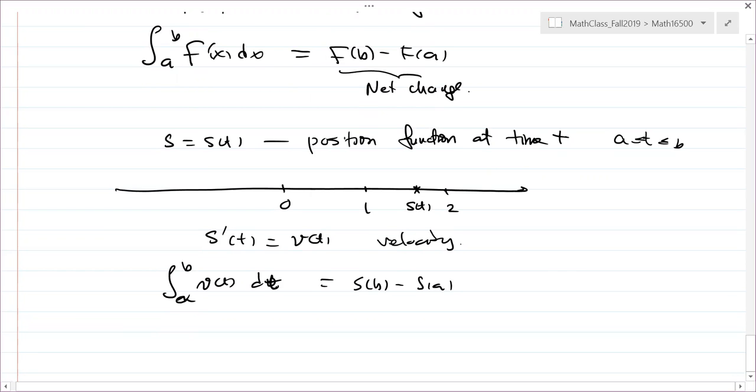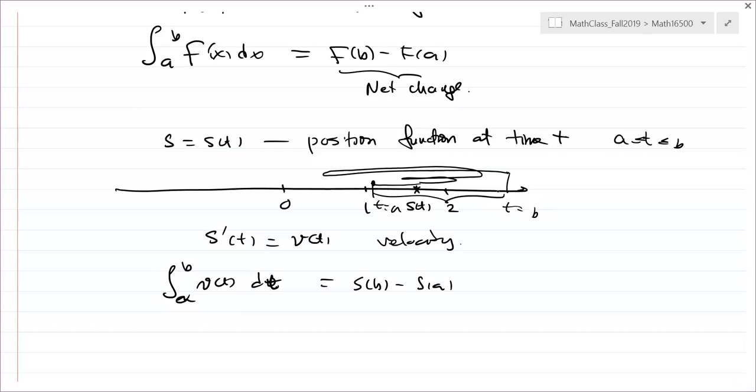So the integral of the velocity gives you information about the moving object: the displacement, the final location minus the initial location. It can go back and forth, back and forth. Maybe here t equals a, and here t equals b. So the displacement is s of b minus s of a. The velocity could be negative or positive. Positive, it moves forward; negative, it moves backward.